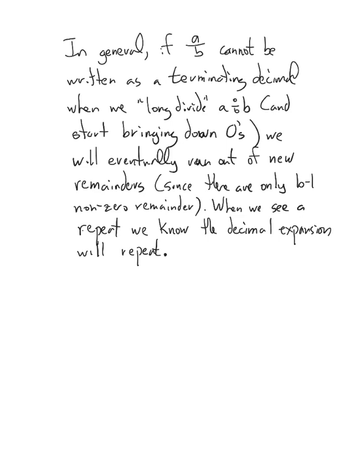If we look at something like 3 over 11, there's 10 possible remainders, 0 through 10, but 0 isn't one of them, because if we get 0, we know the decimal terminates, and we know this is a non-terminating decimal. So when we do the long division, let's see what happens.